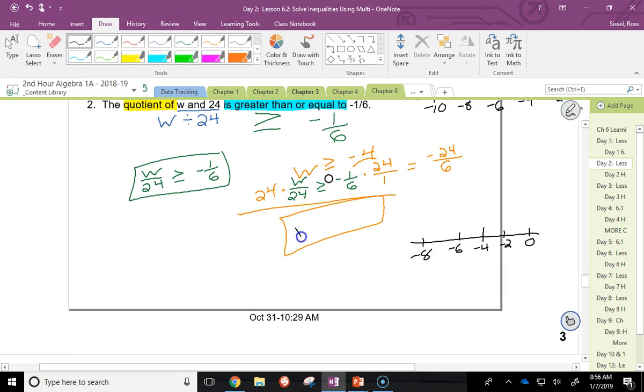Did you undo? No, I moved it. Yeah, it moved up. I don't know. Anyways, our answer, we're at negative 4. We fill it in because it's greater than or equal to. And we move to the right.